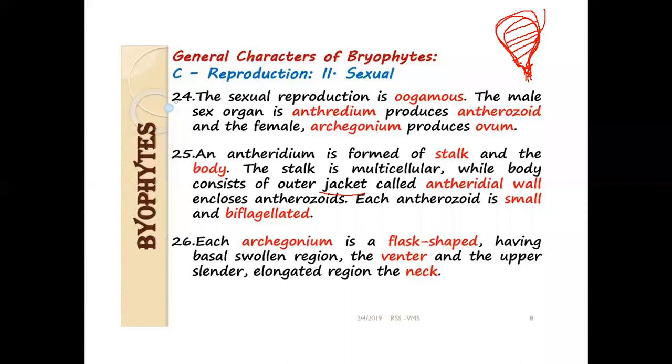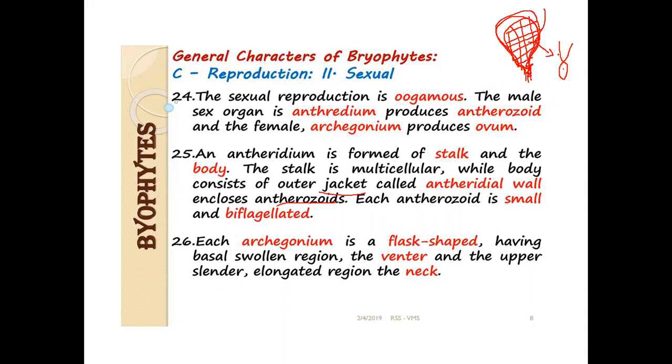Inside this antheridium we can see a multicellular sporogenous tissue. These cells will develop into the male gametes called antherozoids, which are released from the sporogenous tissue. This structure is called the antherozoid, or male gamete.